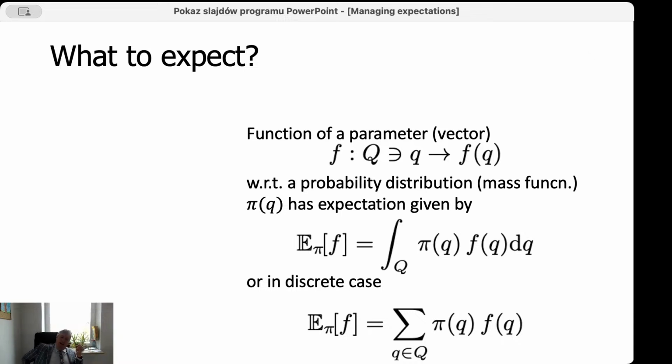So let us consider the situation more abstractly. We have some kind of function of a vector of parameters describing our models, because we assume that we have a model that is parameterized by a finite number of parameters, so this is a vector. And we have a function that in some way represents a quantity of interest related to that vector, and more precisely to the probability distribution of that vector. It can be a very simple function, for example a point evaluation of one of the parameters.